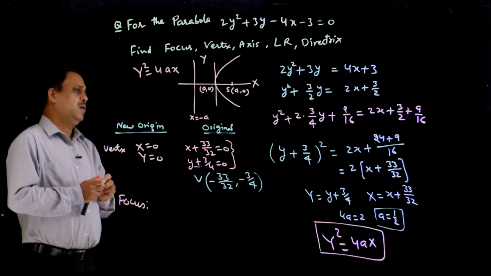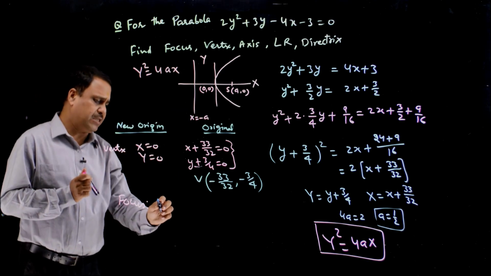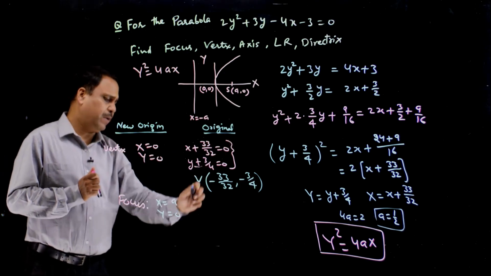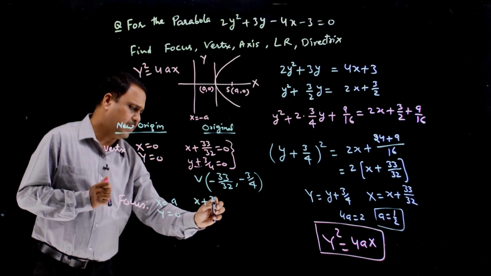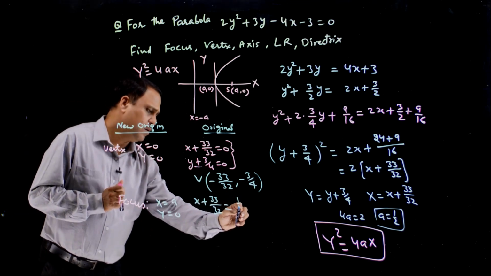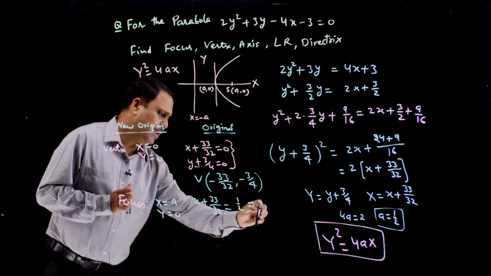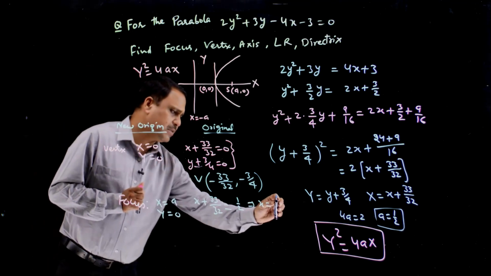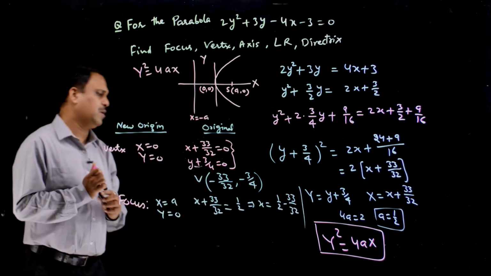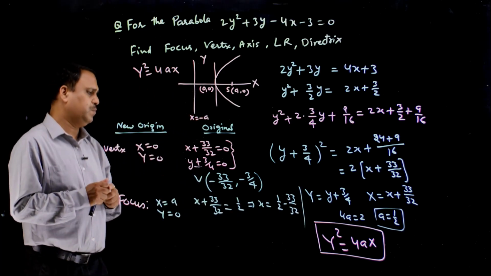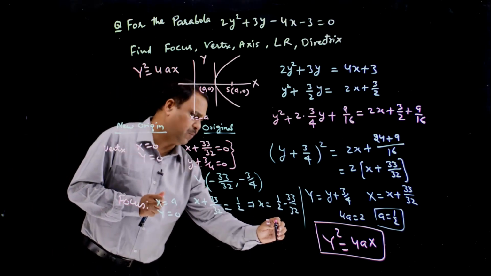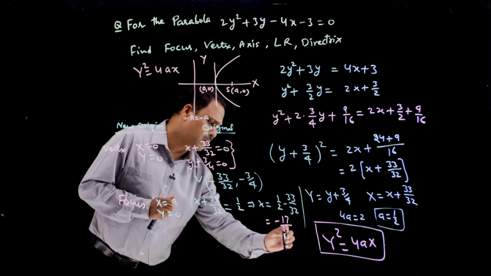Focus: in this case the focus is (a, 0). Capital X = a and Y = 0. Again we put the value of x: x + 33/32 = a, and a is half. From here you can calculate x = 1/2 − 33/32, that is (16 − 33)/32 = −17/32.